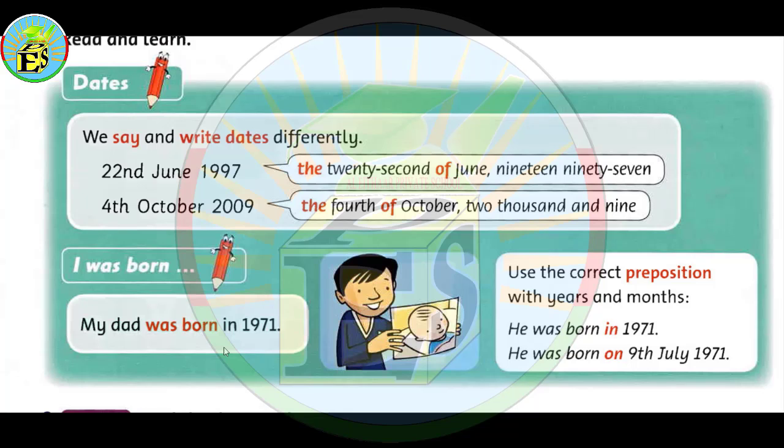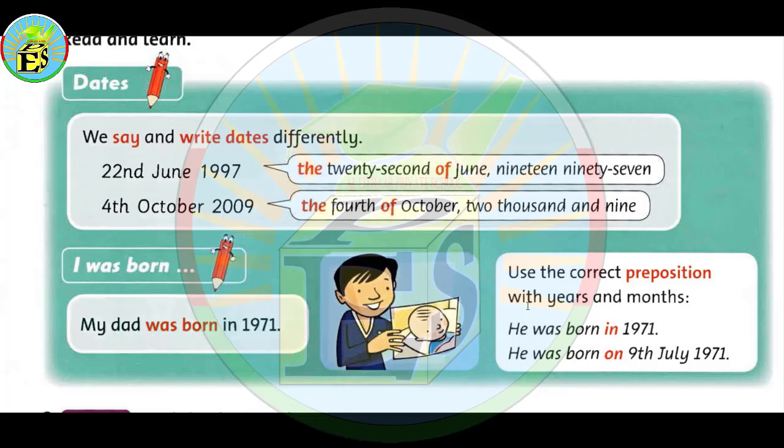The same. When you're only mentioning the year, you have to use in. But if you are mentioning the whole date, including the day, including the month, including the year, the preposition is going to be on.